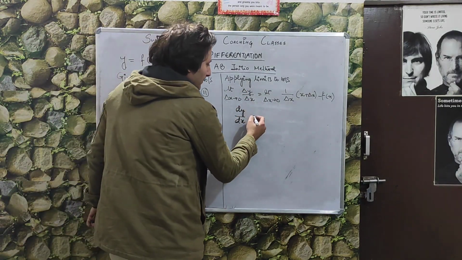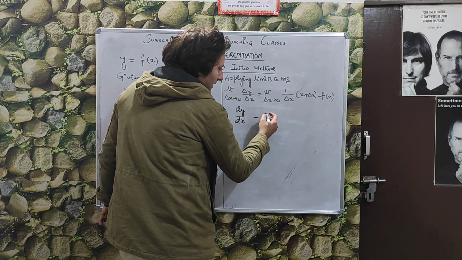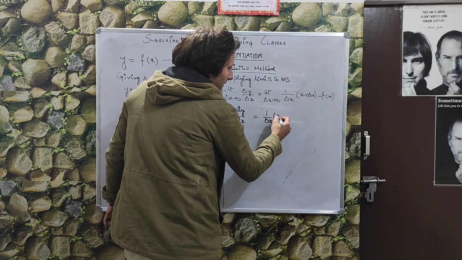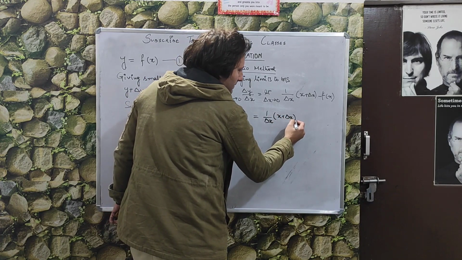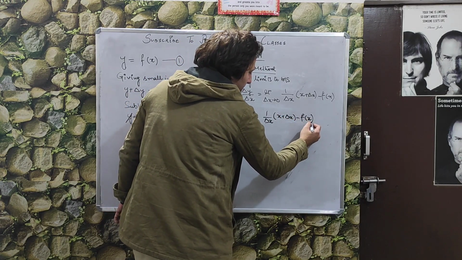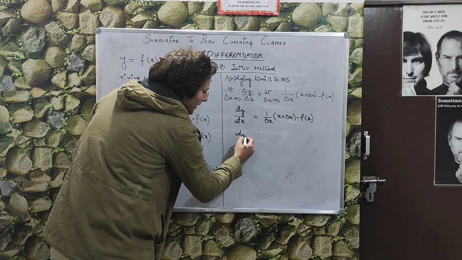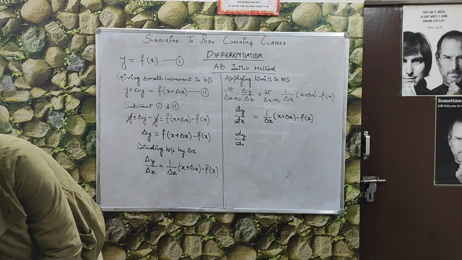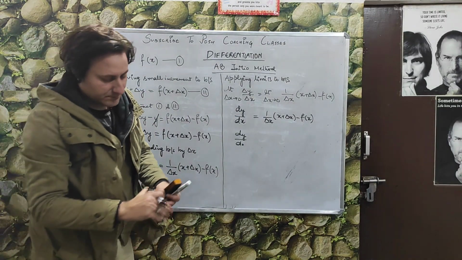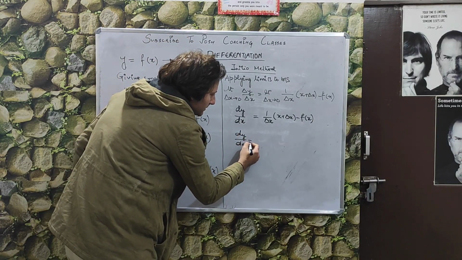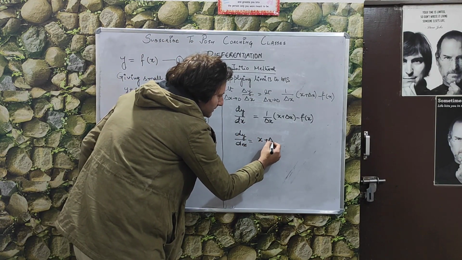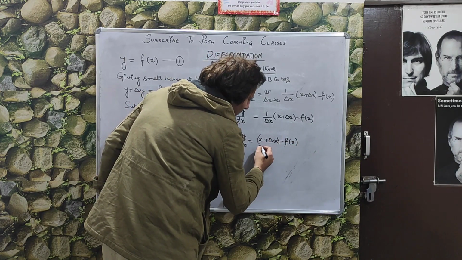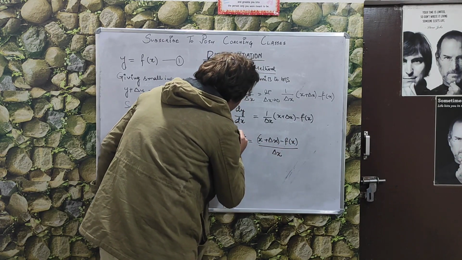And now we will apply the limits on this side as well. So this becomes 1 by delta x, f of x plus delta x minus f of x. This is dy upon dx is equal to f of x plus delta x minus f of x, whole divided by delta x.